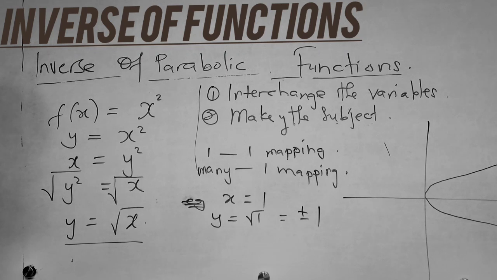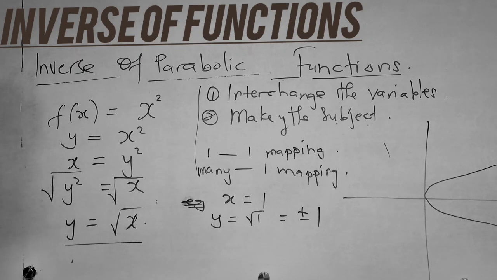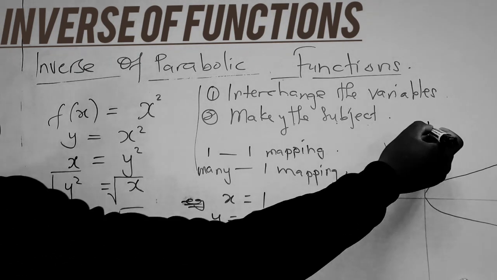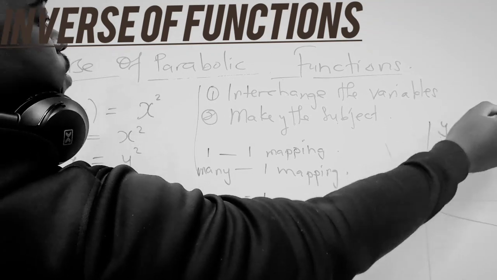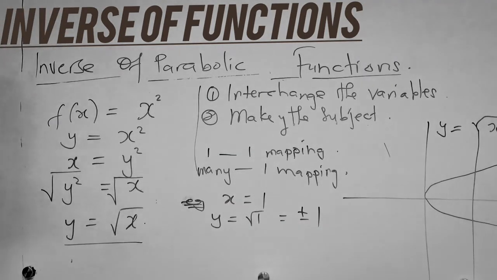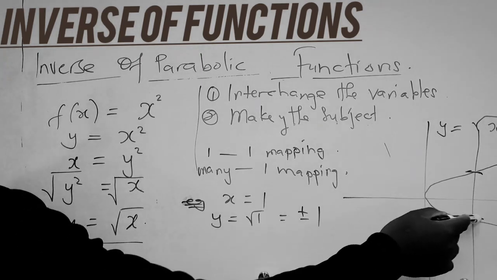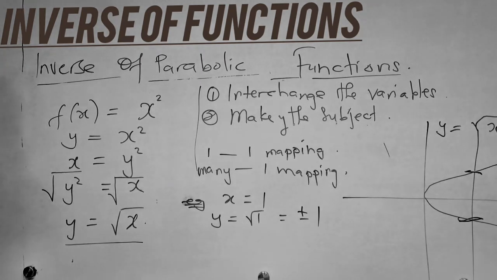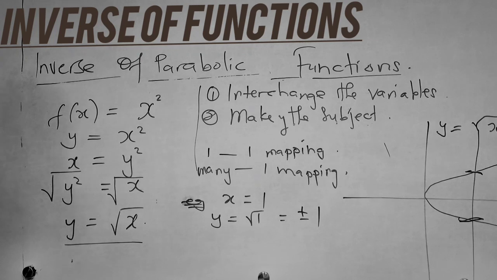If it is a function, the line just has to cut one point of your graph. So in this case, let me label it. y is equal to root x. The vertical line test will go like this. It is cutting at this point and that point. So y is equal to root x is no longer a function.